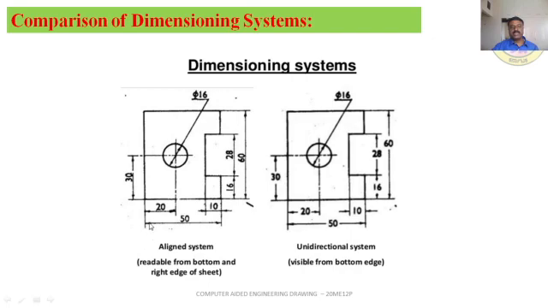Remember, in the aligned system, dimension text must be placed above the dimension line, preferably in the middle, but in the unidirectional system, the dimension line must be broken at the middle and then insert the dimension text.